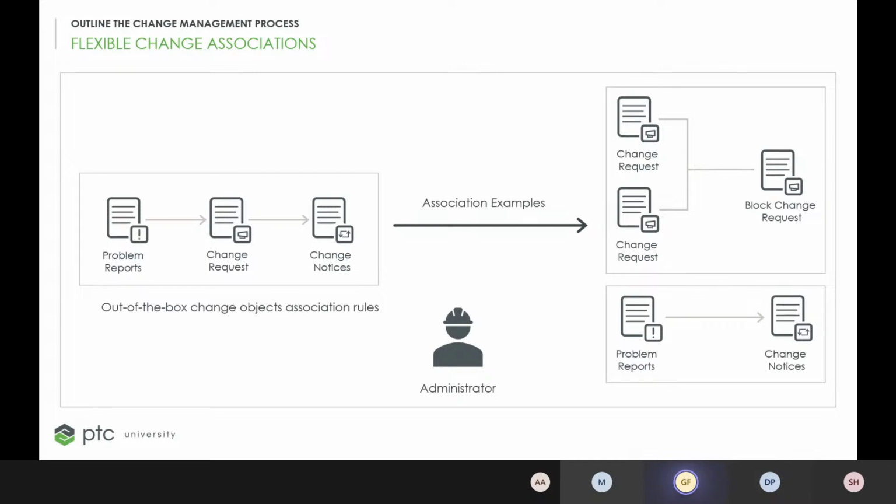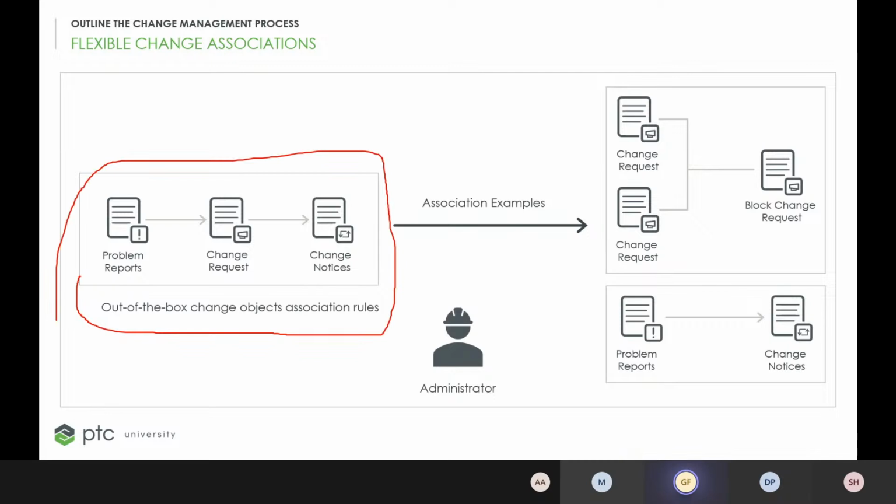So the change administrator can create his own company-specific change object association by developing specific business rules. For example, out of the box, our process involves these association rules. So first you create a problem report, then the request, then the change notice.